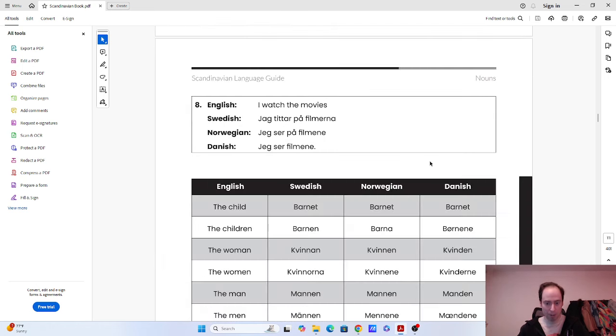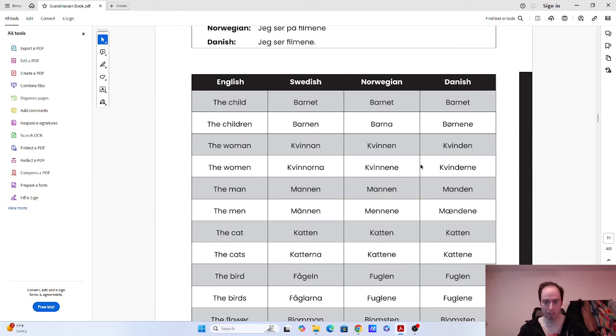If we come down to this table here, this might make it more clear. The interesting thing is, I feel like Norwegian has the simplest way of making the plural, because you'll often see this ene after all of them.